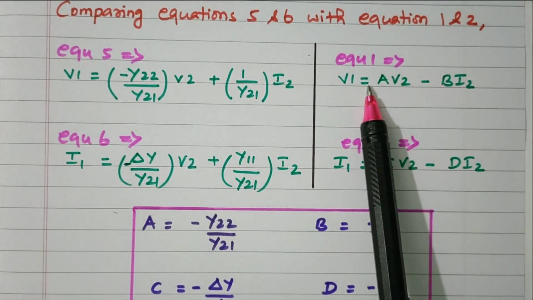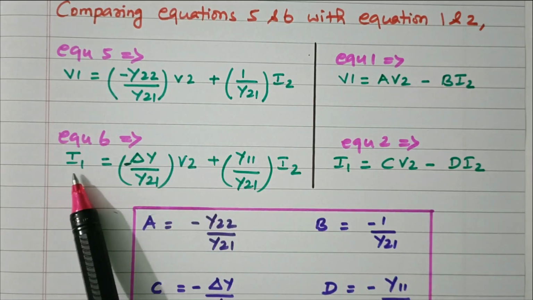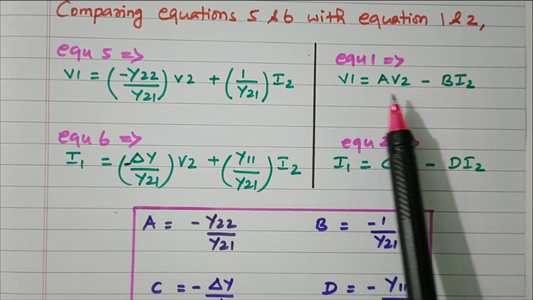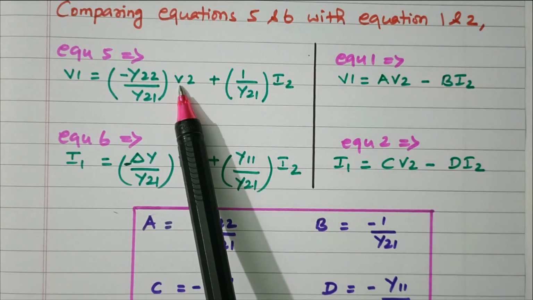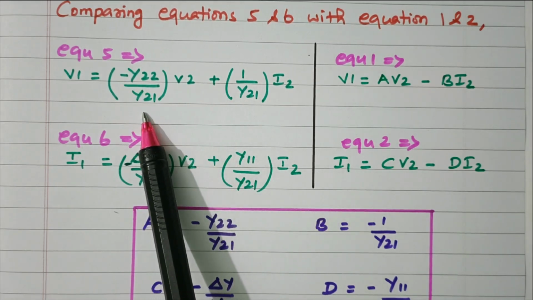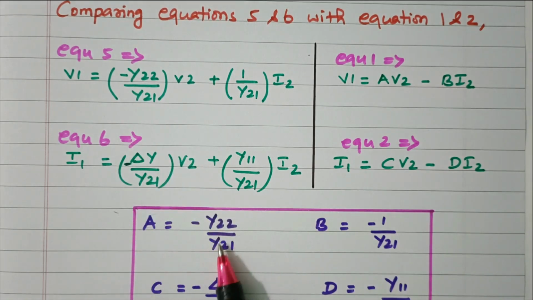First we will compare equation 1 with equation 5 because both are V1. In equation 1 the coefficient of V2 is A. Here the coefficient of V2 is minus Y22 divided by Y21. So both are equal. A equal to minus Y22 divided by Y21.